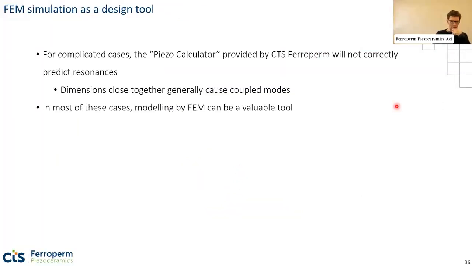I have a case here where it will not give the correct answer. For example, if you have dimensions that are very close together, you may have a coupling between different vibration modes. So I have a little example showing how you can use finite element modeling.